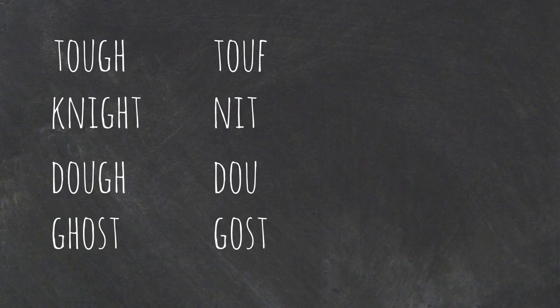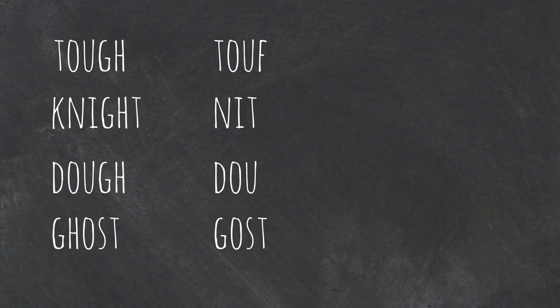Now, when I said GH has a bit more of a sticky relationship with the sound we associate with the letter F, this is what I meant. If we're looking at GH and the sounds that GH are making in each of these words, we see in tough, it's making the sound we associate with the letter F.